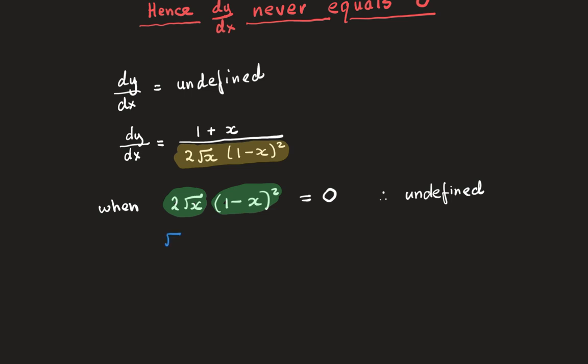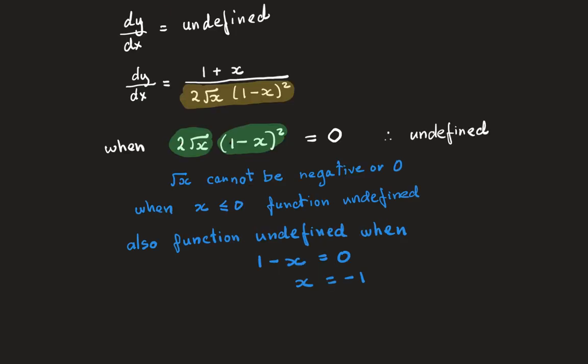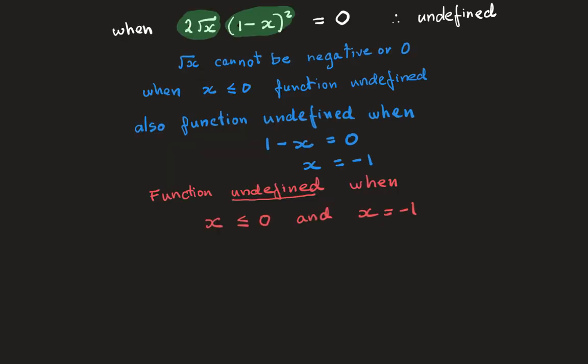We know that root x cannot be negative or 0. So when x is less than or equal to 0, the function is undefined. But note there is another part where the function is undefined when 1 minus x is equal to 0. So, in other words, our function is undefined when x is less than or equal to 0 and when x is 1.